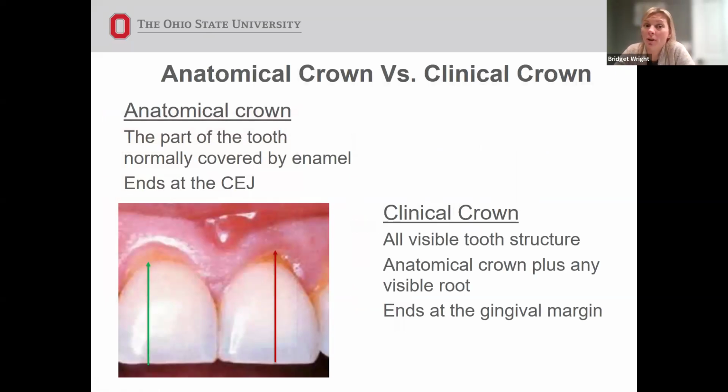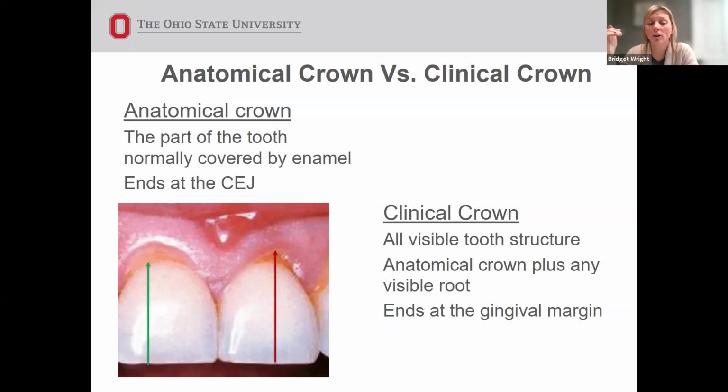It's important to talk about anatomical crowns versus clinical crowns because that will be important for us for coronal polishing. And so the anatomical crown is the portion of the tooth that is covered by enamel, whereas the anatomical root is the portion of the tooth that is covered in cementum. And so the delineation between those two things is the CEJ.